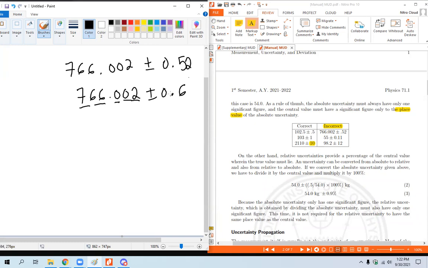So, si uncertainty mo only extends up to the tenth place. If you remember, yung first decimal point is the tenth place. So, dapat i-round off ko din itong central value ko in such a way that hanggang tenth place ko lang siya susulat. So, the correct way to write this uncertainty would be like this.